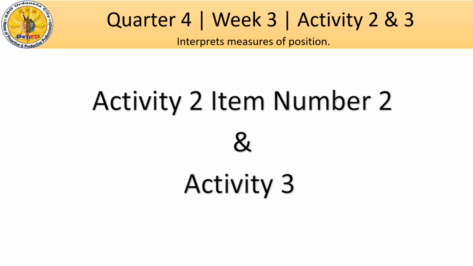So always remember, if we are talking about measures of position, you will be considering the total number of the given values, and then you will be comparing a specific value to the total number of given values. Okay, so that would be all for our virtual instruction for this week, and I hope that you have learned something that could help you in accomplishing your week 3 activity sheets.